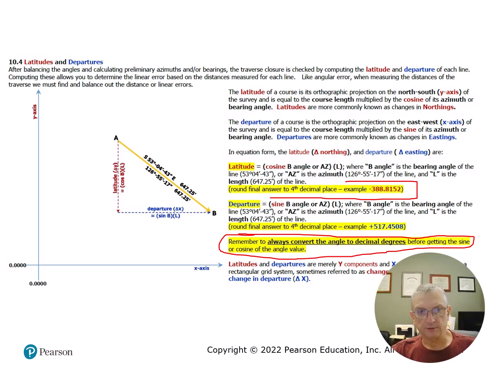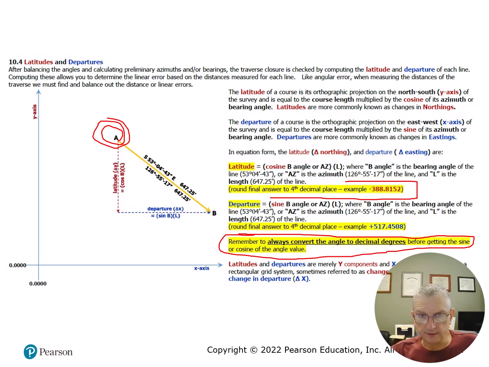So here, this is a great example. A, whatever the coordinate is, we're not really worried about the coordinate, but we're looking at latitudes and departures. For the latitude, the azimuth is 126 because it's south 53 04 east. Let's just say that we computed that from our traverse computation and angles turned. A to B has an azimuth of 126°55'17".